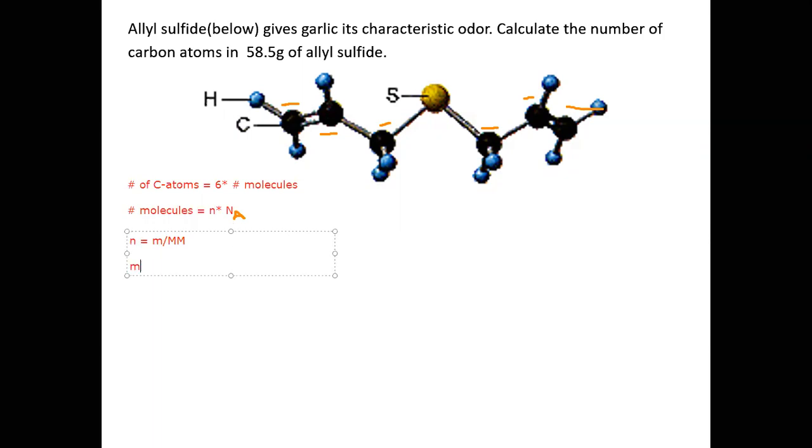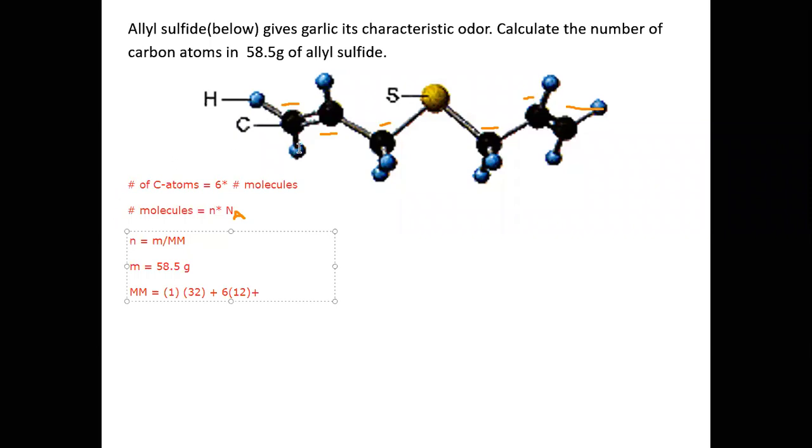So we know the mass is 58.5 grams. The molar mass, we have 1 sulfur plus 6 carbon times this molar mass of 12. Again, you get these at the periodic table.